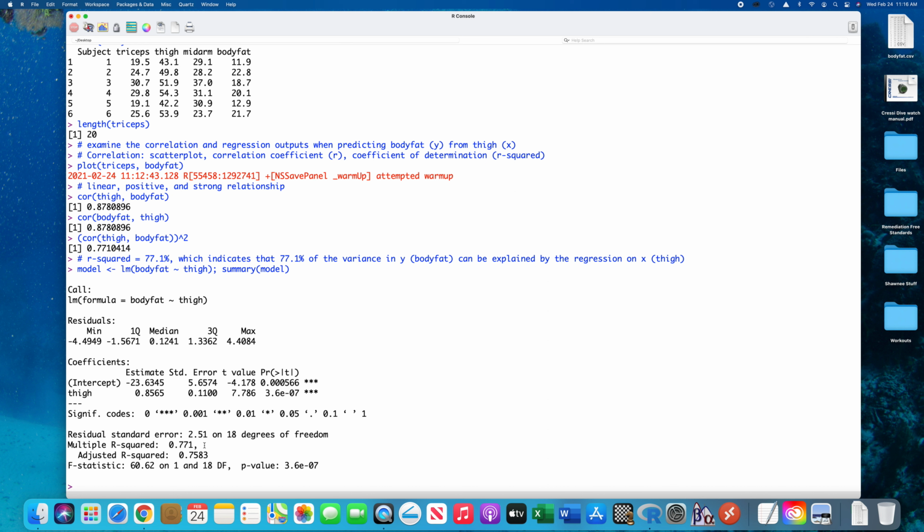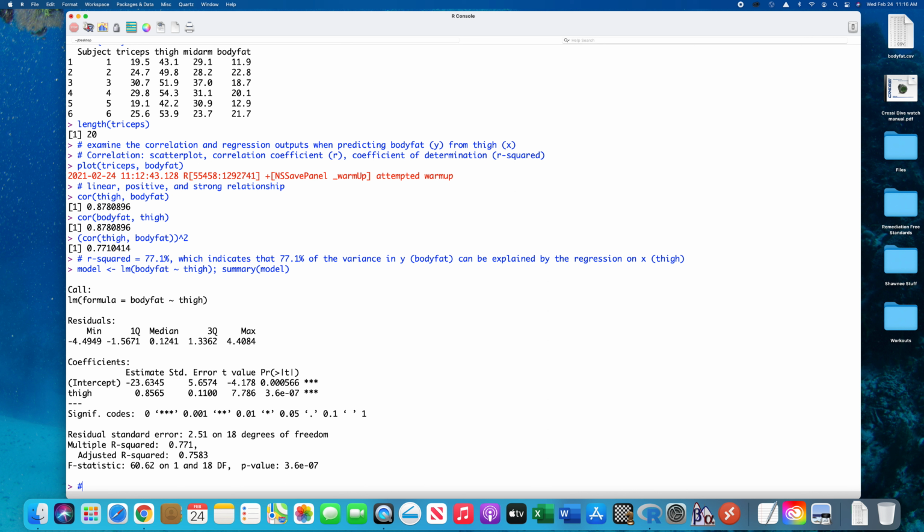First of all, you'll see the R squared 0.771. The adjusted R squared will be explained in a later video, and then the residual standard error and the ANOVA stuff down here will be explained later too. But for right now, I would focus on these two values, because these two values give me my regression model.